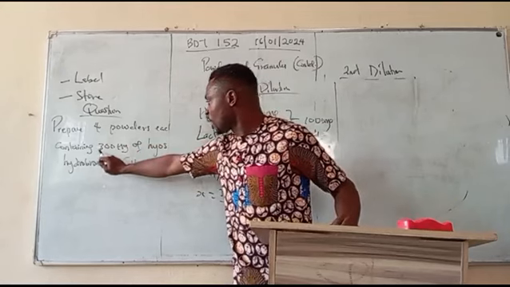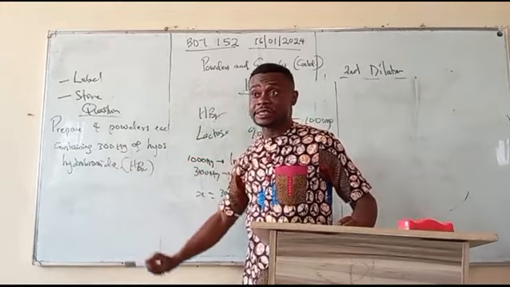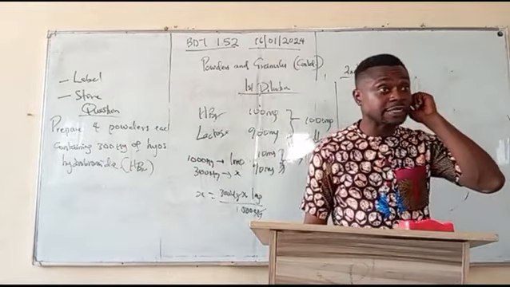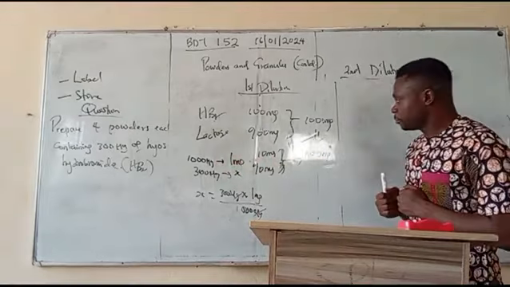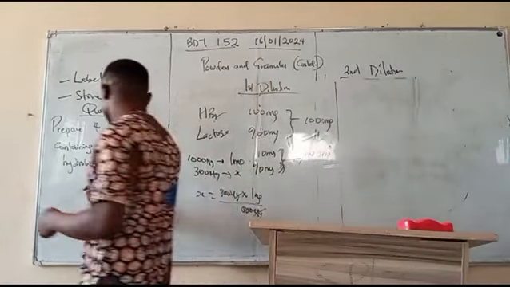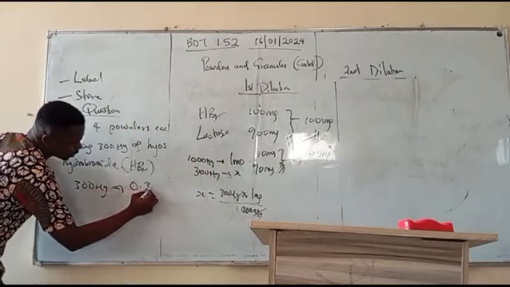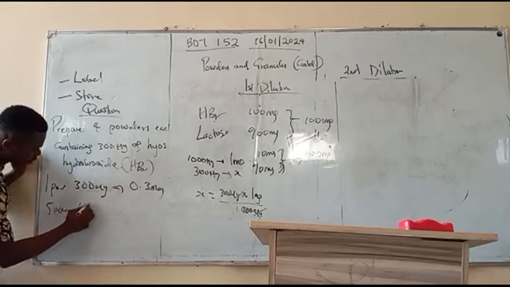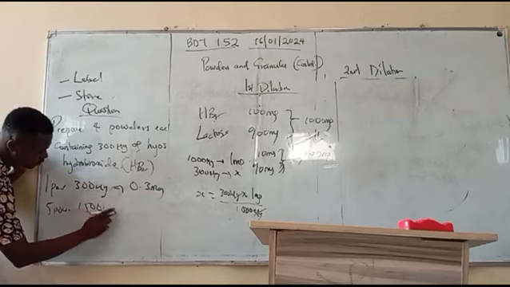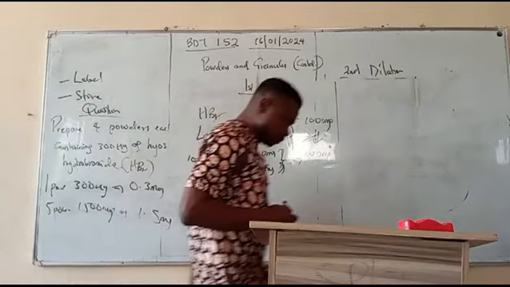And one powder will contain 0.3 milligram of hyoscine bromide. 300 microgram is 0.3 milligram. This is for 1 powder. Then 5 powders is 1,500 microgram, which is 1.5 milligram. Now let's take it step by step.